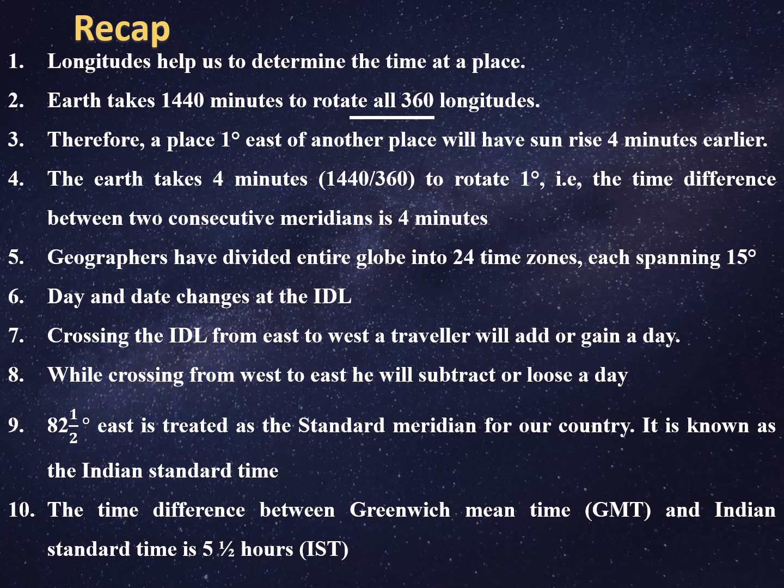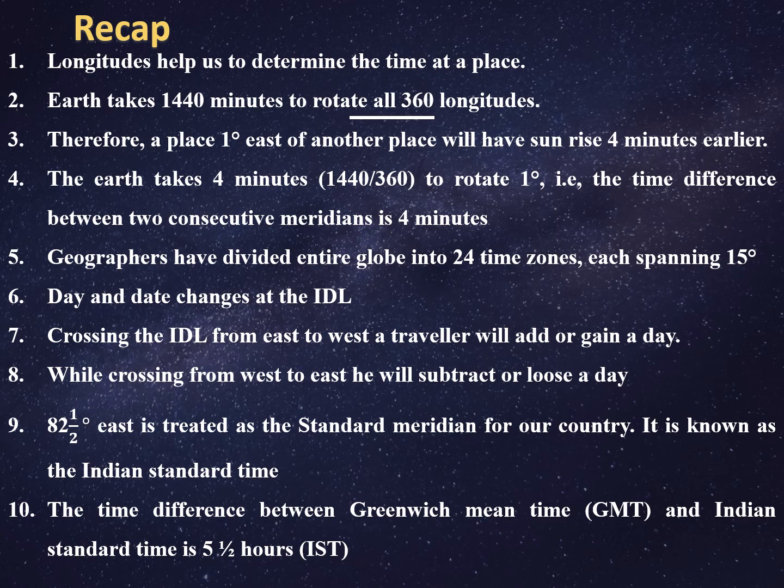Geographers have divided the entire globe into 24 time zones. Day and date changes at the International Date Line. Crossing the dateline from east to west, a traveler will add or gain a day, while crossing from west to east, he will subtract or lose a day.